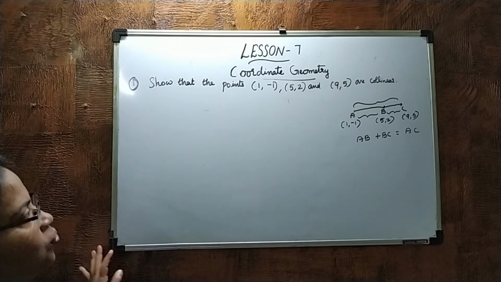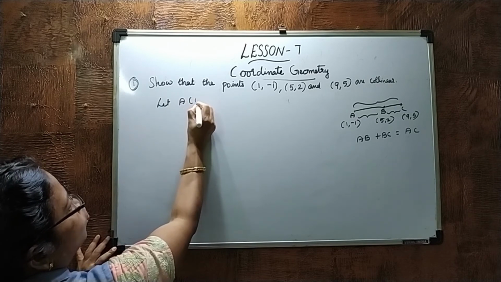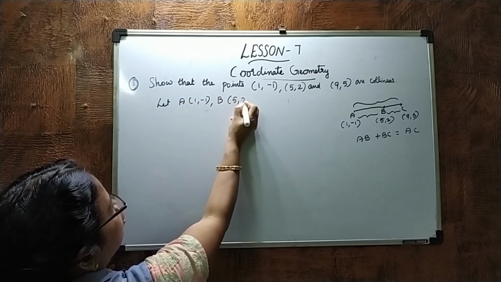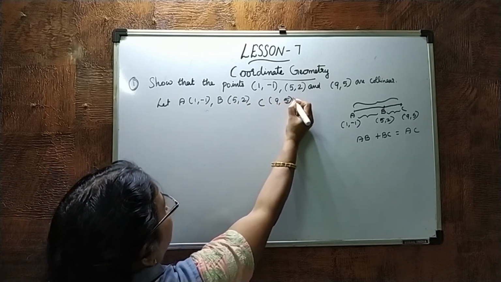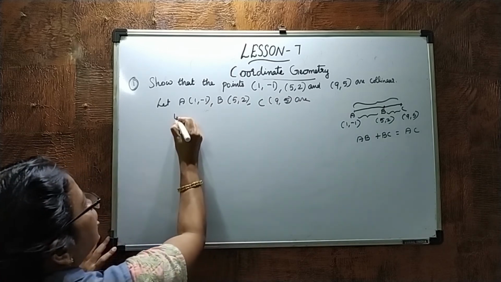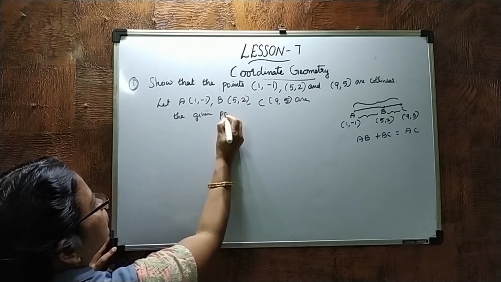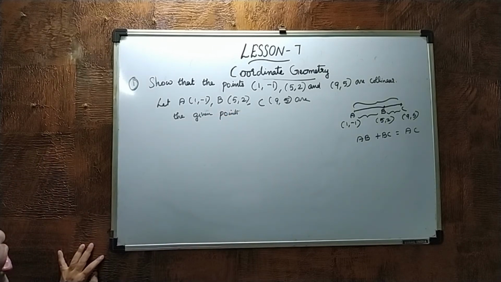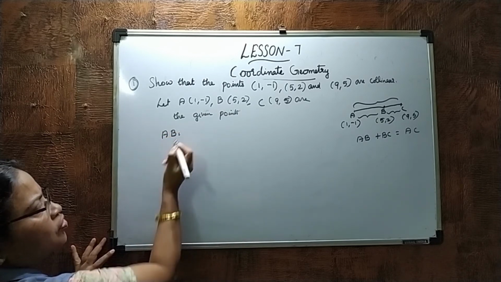Okay, we will start now. Let A (1, -1), B (5, 2), C (9, 5) be the given points. Next, find out AB.